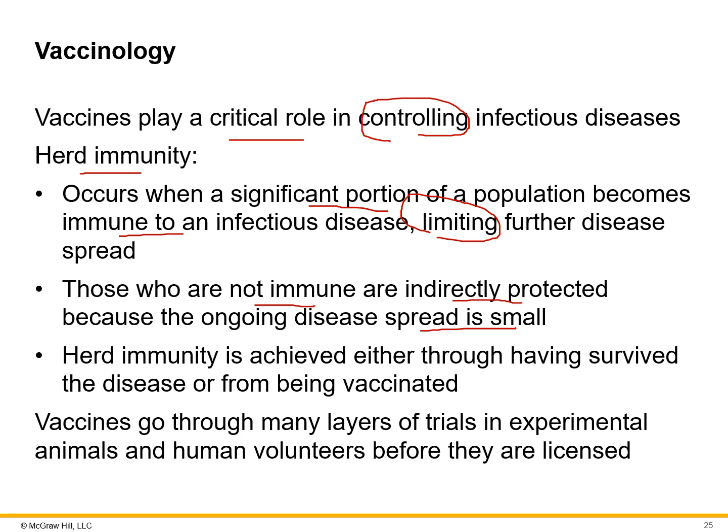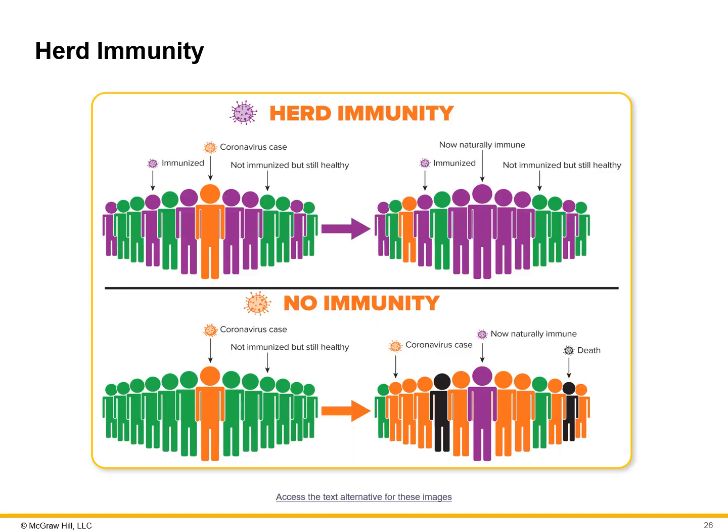So it's achieved, though, either through having survived the disease or being vaccinated. And there are lots of layers of trials and experimental animal and human volunteers that the vaccines go through before they can be licensed. So this is just a visual looking at herd immunity.